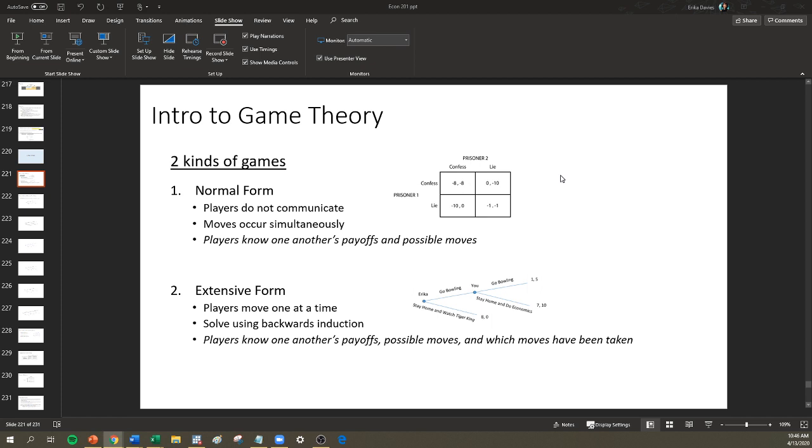Something really important to understand for game theory is that those participating in the game, the players, are essentially able to see this structure just as you or I are, right? They're able to know the possible moves of the other player. They know the utility that they and the other player will get from certain moves.